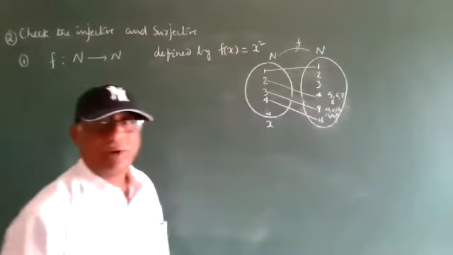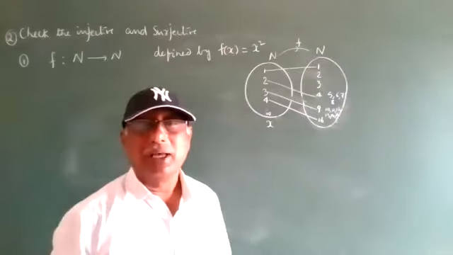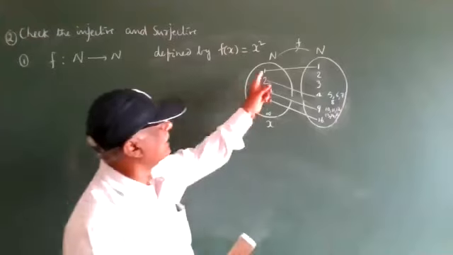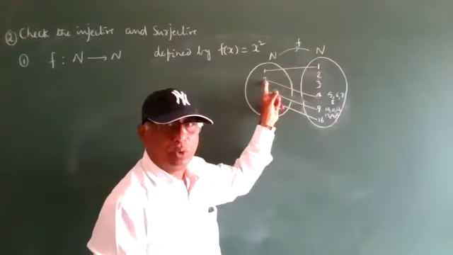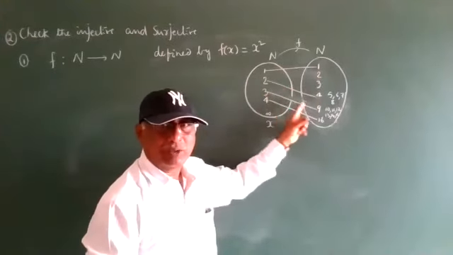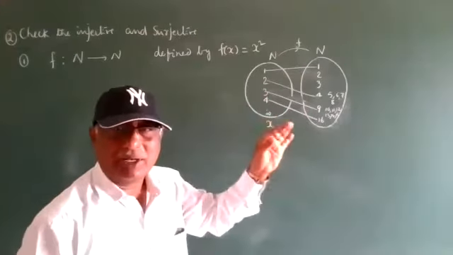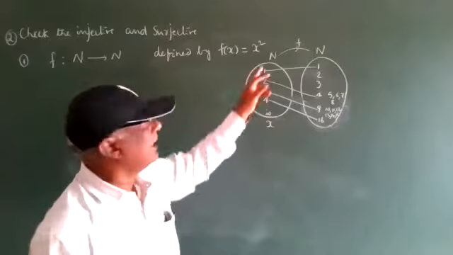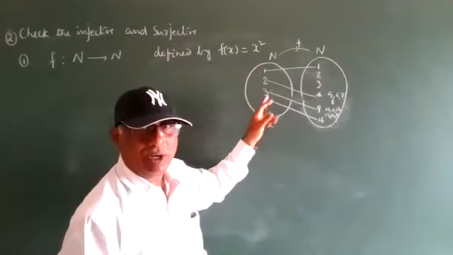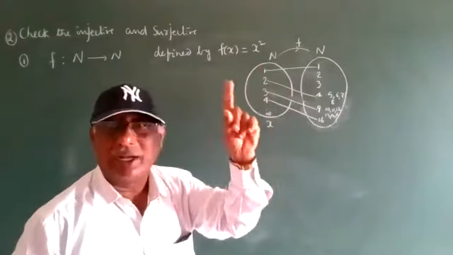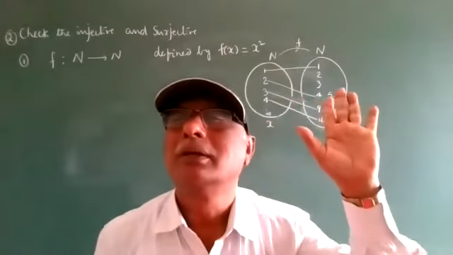So these are infinite numbers. 1 has one image, 2 has one image, 3 has one image, 4 has one image. Therefore, infinite elements have infinite images. Different elements have different images. Therefore, it is one-one.